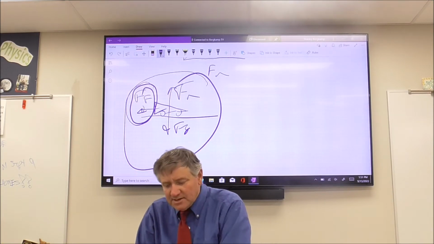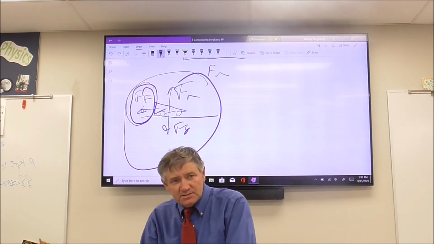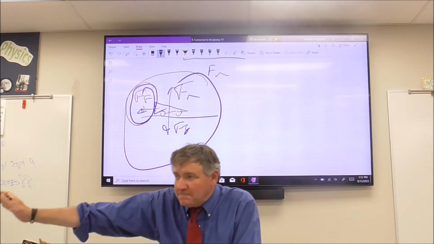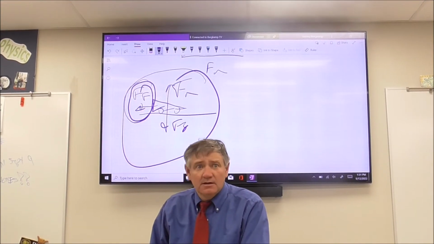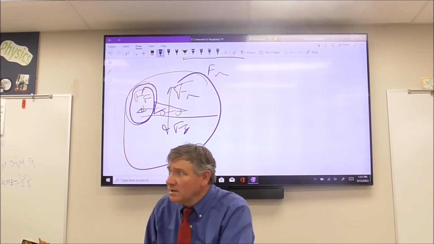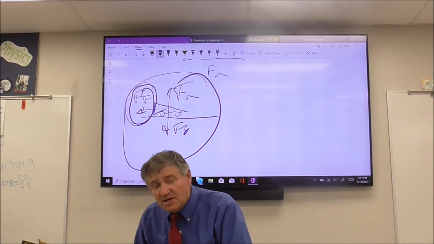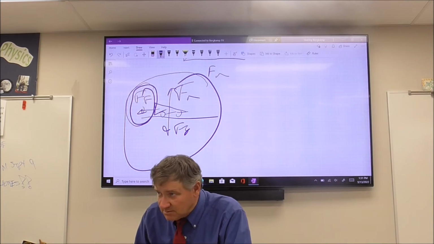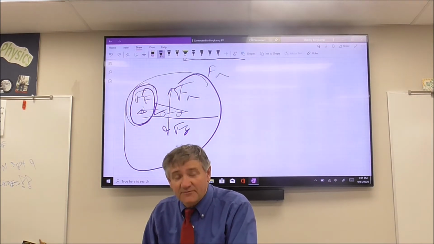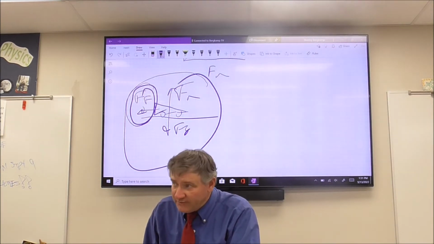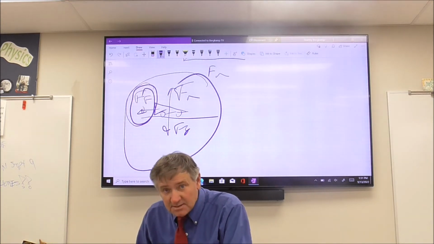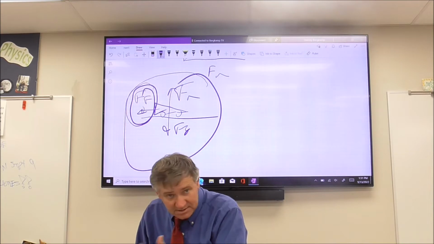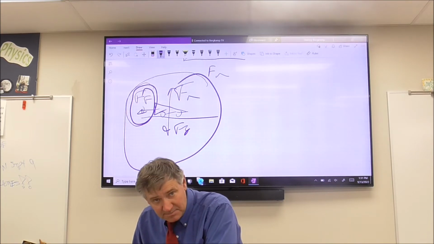So when I let go of this, there is no force making it go forward, okay? Does it have inertia? Yeah. Does it want to keep moving forward? Yes. But inertia is not a force, okay? I cannot emphasize this enough. Inertia is not a force. It's a tendency of an object that has mass to maintain a straight line path at a constant speed.